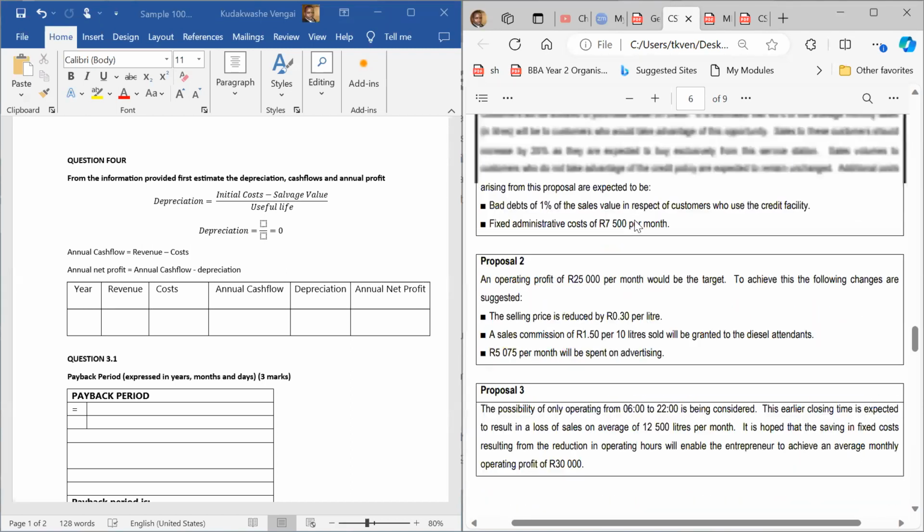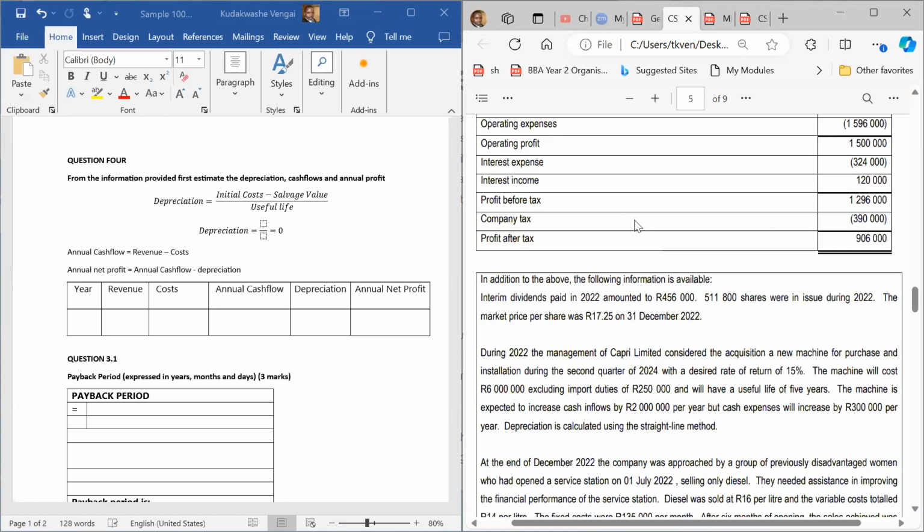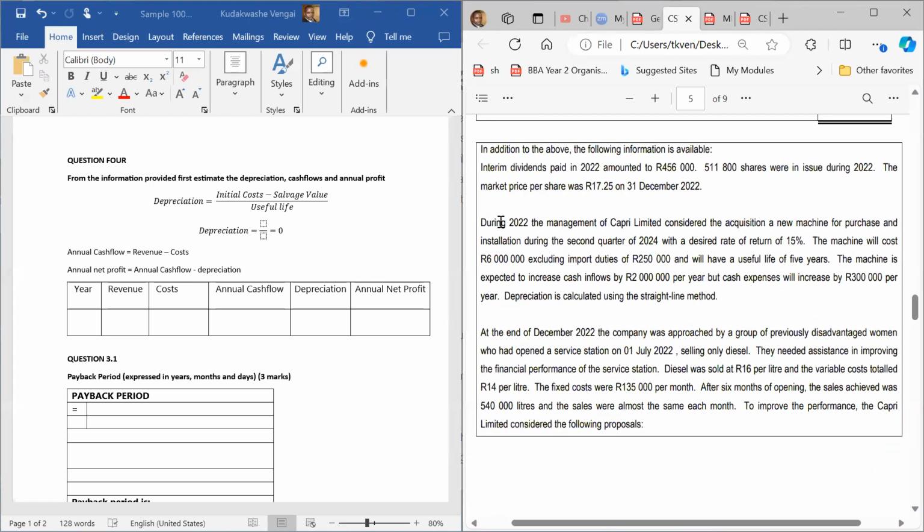So if we go to the case study here, it tells us that during 2022, the management considered the acquisition of a new machine for purchase and installation in the second quarter with a desired rate of return of 15%.